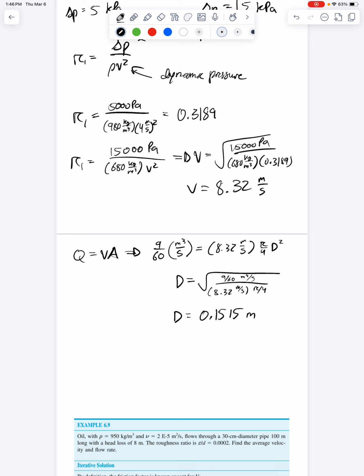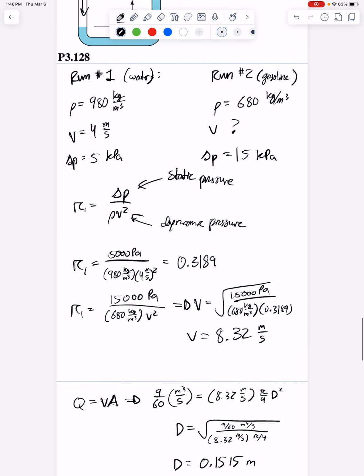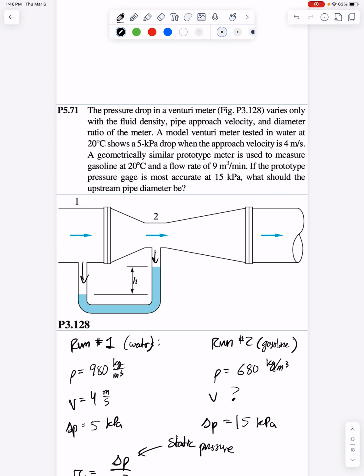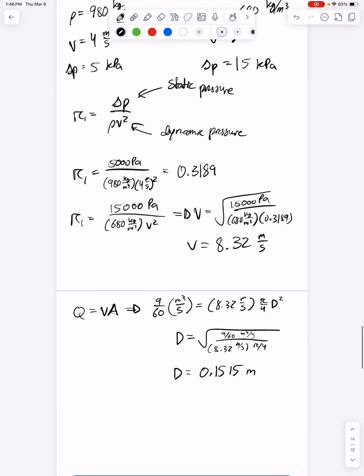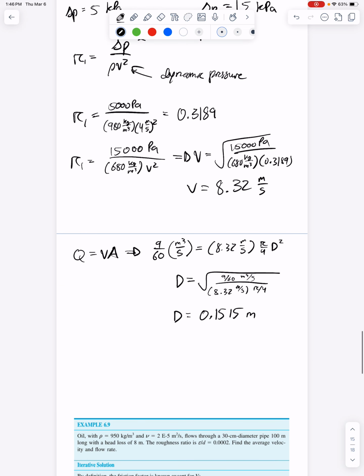So that should be the entrance diameter for your tunnel for the gasoline case. So we need to rescale that dimension in order to get geometric similarity. Was 9/60 given? We're given 9 cubic meters per minute, and I scaled it back to seconds. All right, any questions about matching geometry and kinematic similarity?